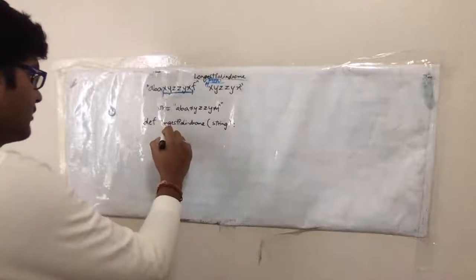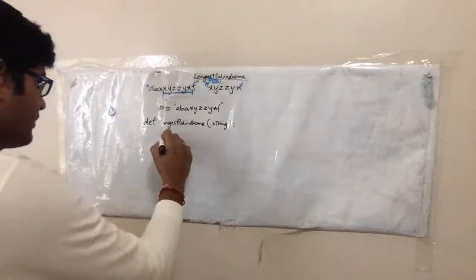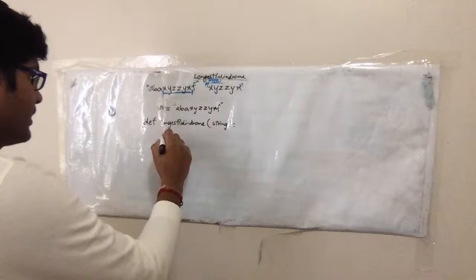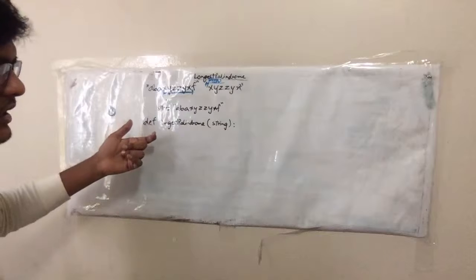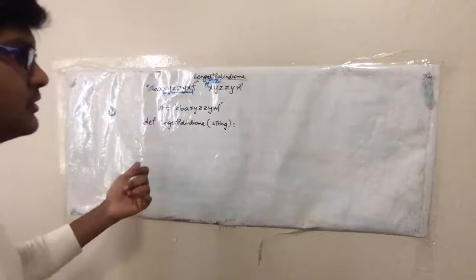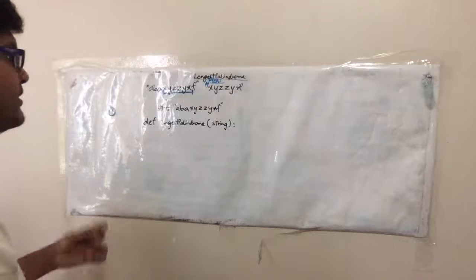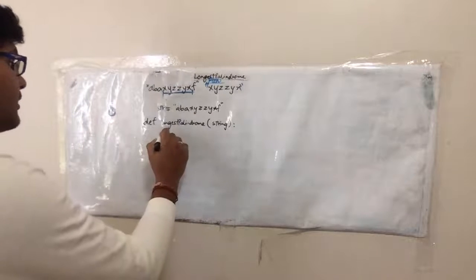How can we go further? Because I am starting with indexes or pointers, I will create a new variable called longest palindrome.